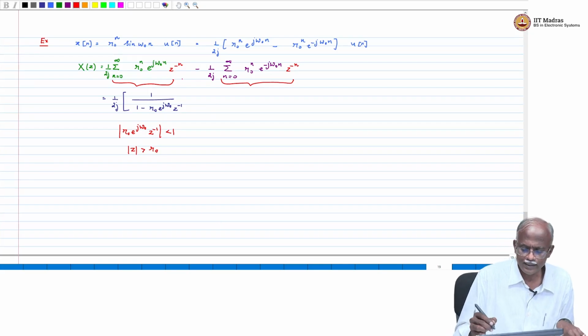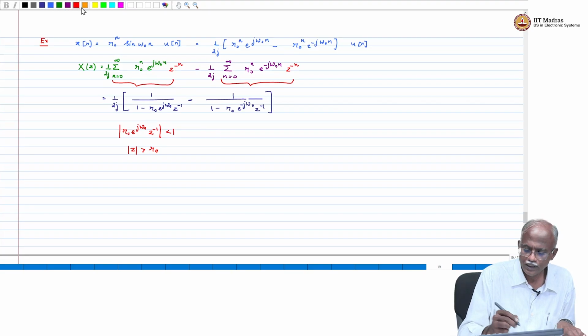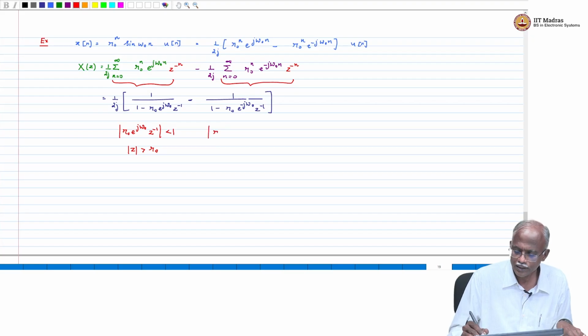Okay, the second term. The second term comes out to be, with the minus sign, 1 divided by 1 minus r naught e power minus j omega naught z inverse. Apply the conditions. This will be modulus r naught e power minus j omega naught z inverse.